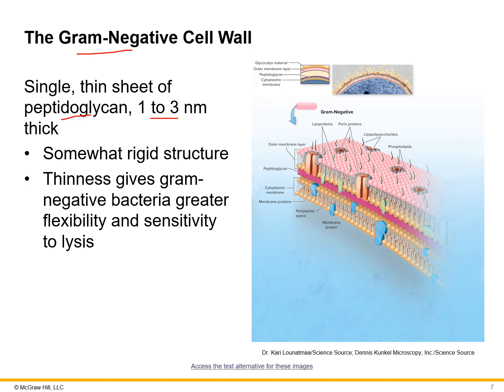So at least 20, almost up to 100-fold thinner than the gram-positive. Again, you don't need to know those numbers, but just to put it in perspective. So it's still somewhat rigid, but definitely not as much as that thick gram-positive cell wall. So it provides greater flexibility and an advantage, but it is more sensitive, more likely to go through lysis or rupturing when the osmotic pressure changes.